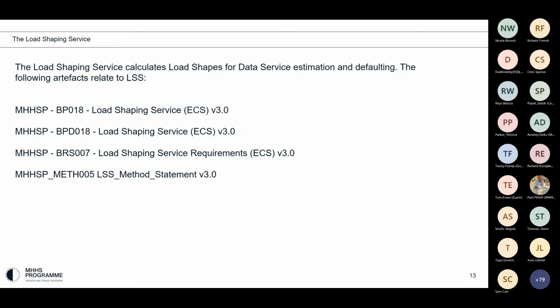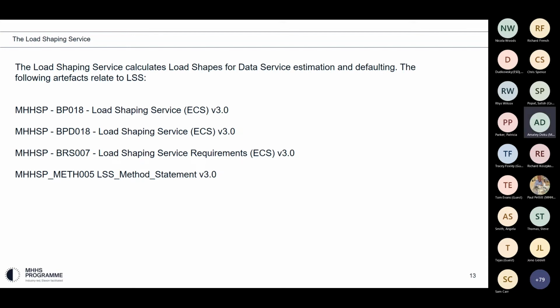The calculation will also then use some new consumption component classes set out in the industry standing data, together with their scaling weights, which are also set out in one of those new tables in the industry standing data.